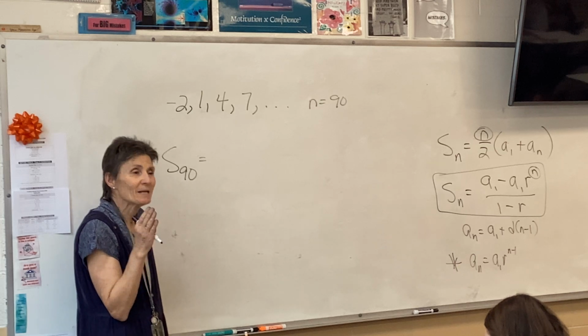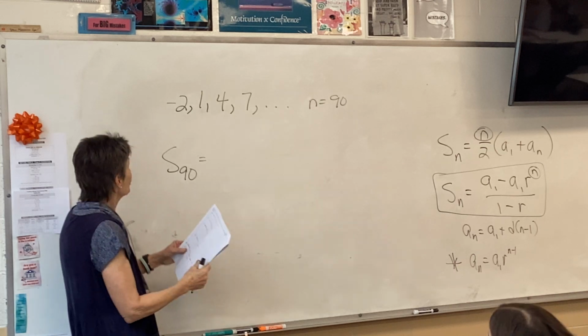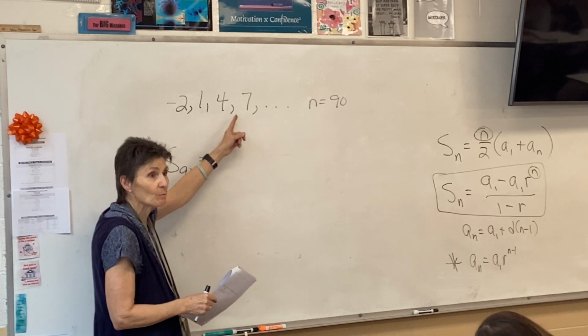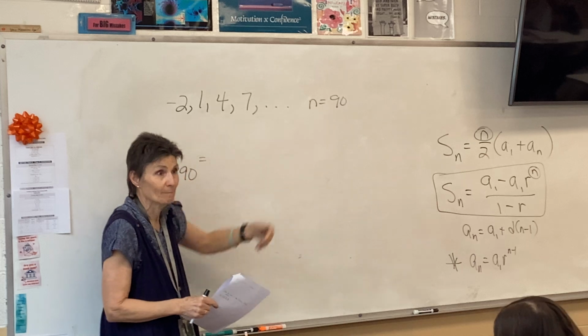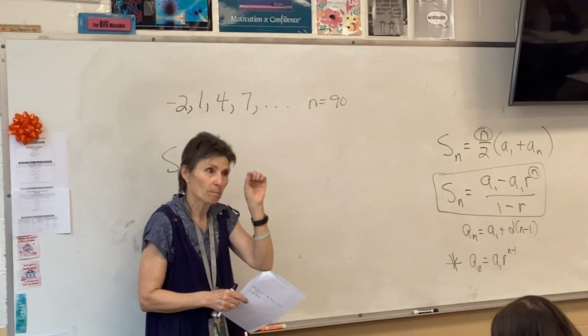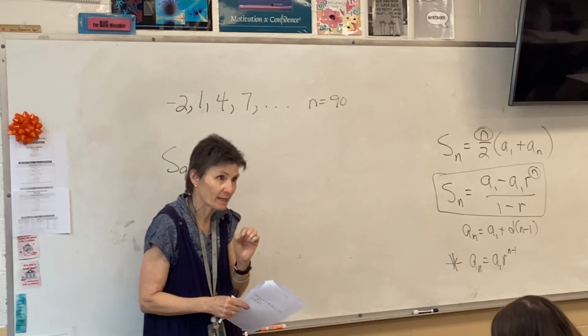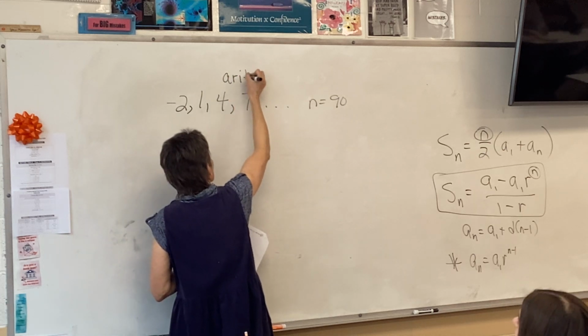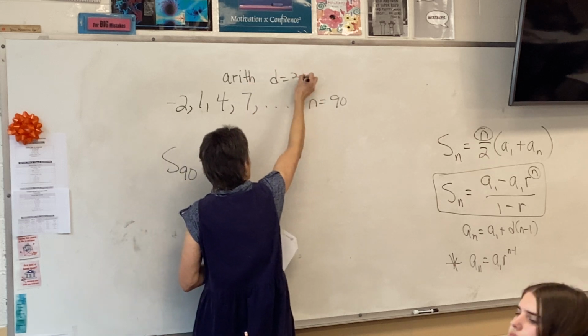But you should be able to look at the sequence. What is happening? How are we getting from term to term? Plus 3. Charlie, if we're plus 3, we're arithmetic. So this guy is arithmetic, and the difference is 3.